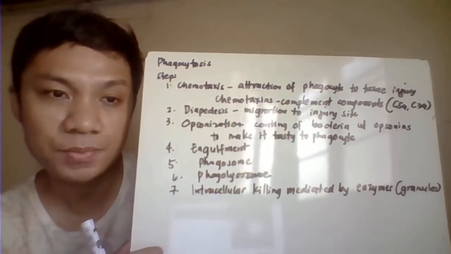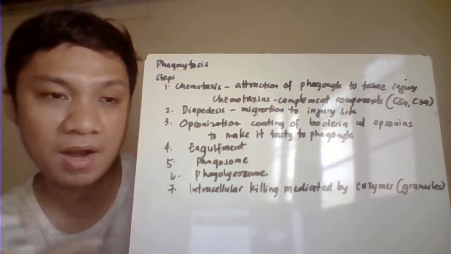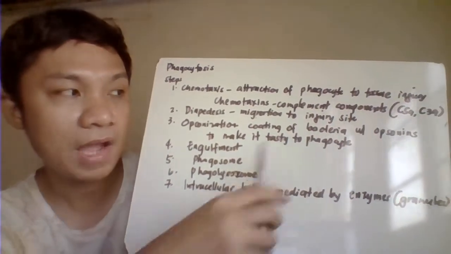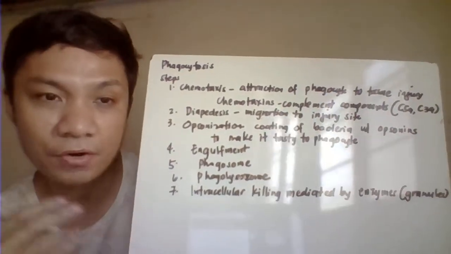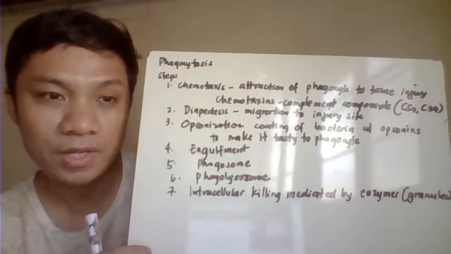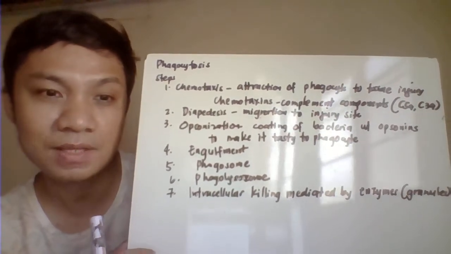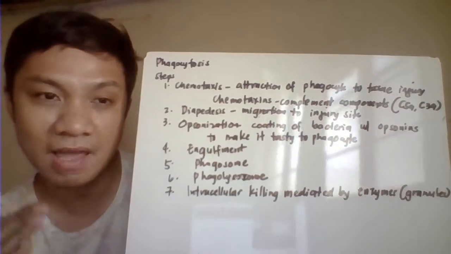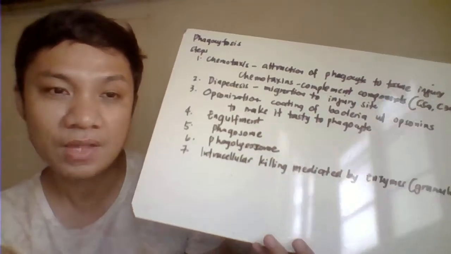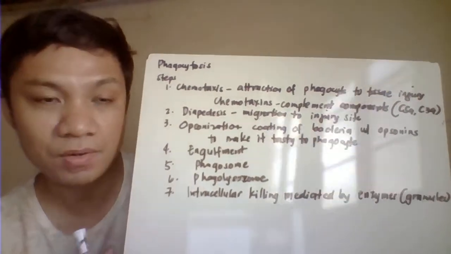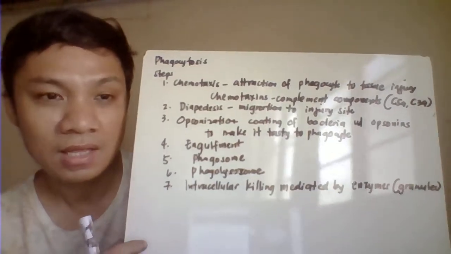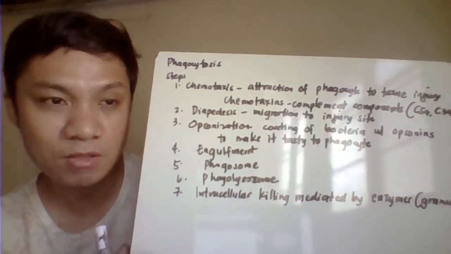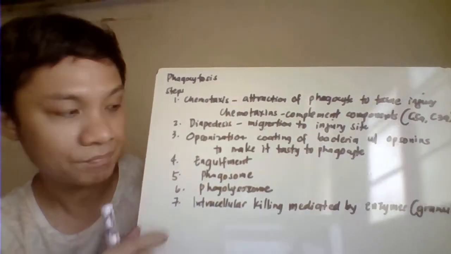Next one, we have opsonization, the process whereby your pathogens are coated by our opsonins like your IgG. Earlier we discussed Staphylococcus aureus with protein A, which tries to block the Fc portion of the IgG. So the IgG itself could coat your pathogen, that's opsonization, which would render your bacteria tasty to your phagocyte.